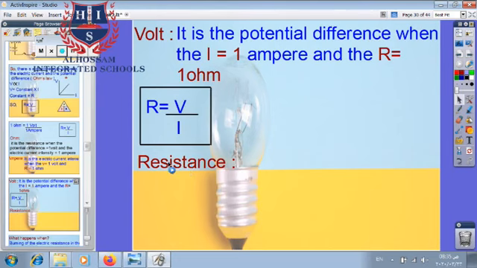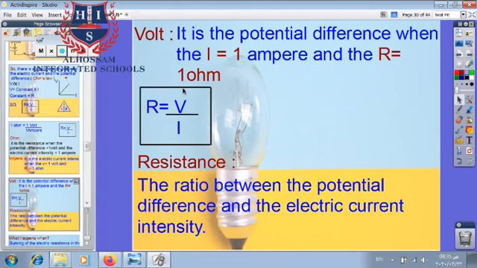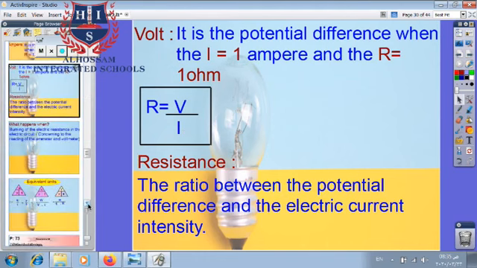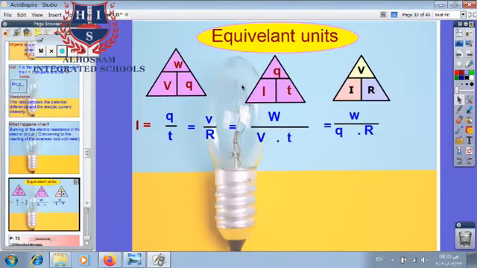So again, what's meant by ampere? It is the electric current intensity when the potential difference equals 1 volt and the resistance equals 1 ohm.